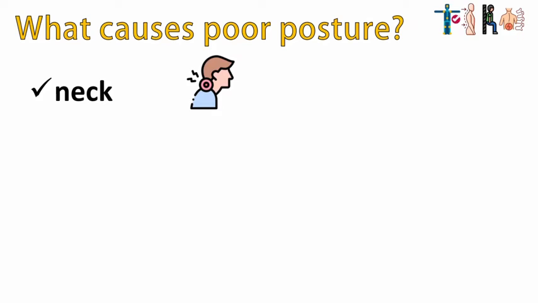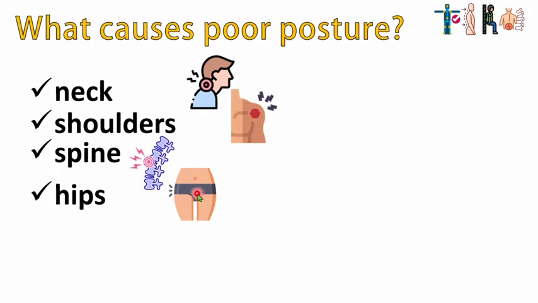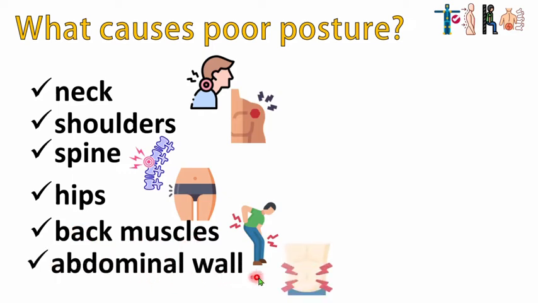One of them is the neck. The others are the shoulders, our spine and the hips, also the back muscles, and lastly the abdominal wall. So these parts of our body can be affected if we have a poor posture.